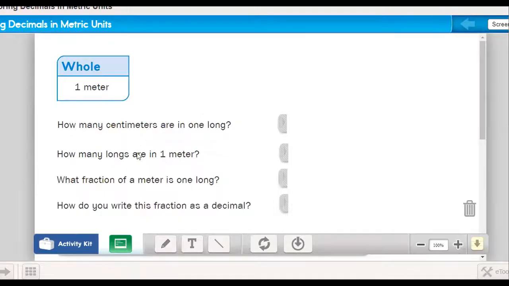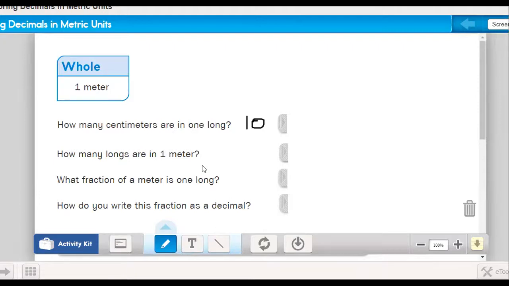Okay. So we're going to say one long is 10 centimeters for our math today. One long would be like one row of those 10 blocks, base 10 blocks.